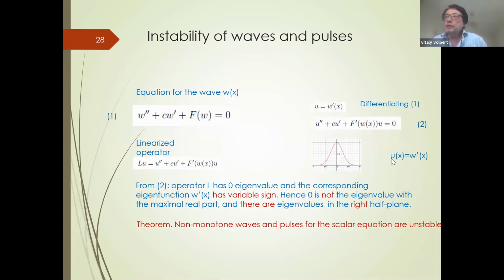Then there is a positive eigenvalue. If there is a positive eigenvalue, then the solution is not stable. So again, we have a very simple consequence of this Krein-Rutman theorem, which tells us that pulses are unstable because they are not monotone. And reaction-diffusion waves that are not monotone functions of x are also unstable.